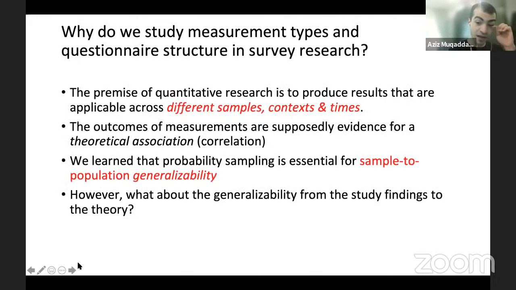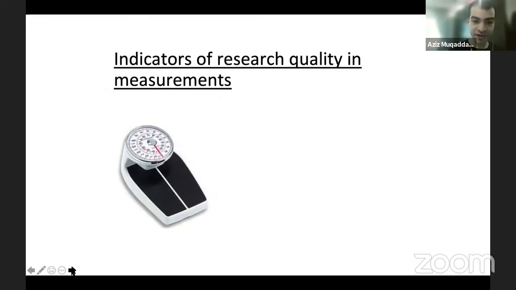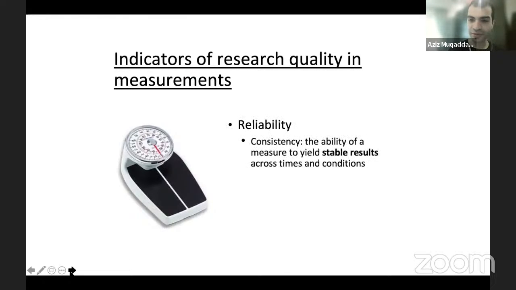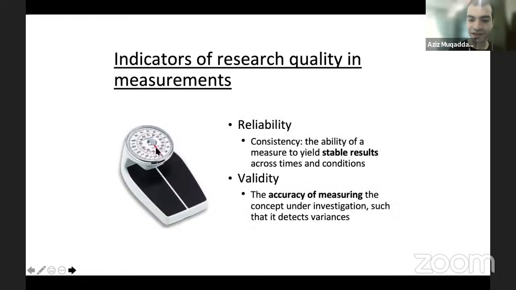Okay, so I covered this part. Remember the scale and the different examples of the scale. What the scale means is that when you have a quantitative scale, you want it to be, first of all, accurate.